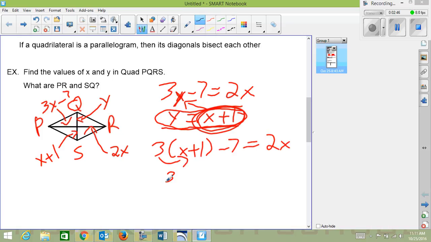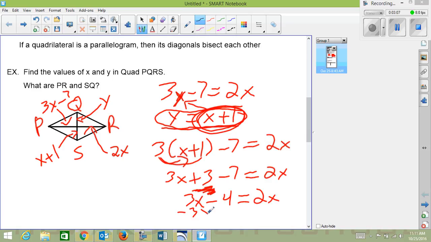Distributive property, 3 times x, 3 times 1. Then 3 minus 7 is minus 4. So 3x minus 4 equals 2x.